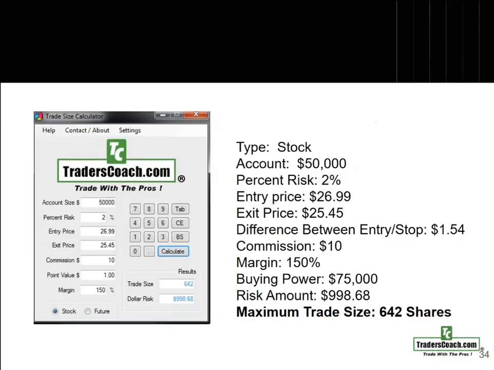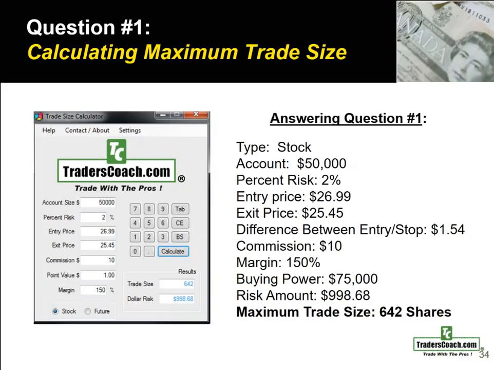If we go to the trade size calculator, which has these formulas built into it, we put the 50,000 in here, the 2% is there, entry, exit, all the variables, and here's where it turns out the results. Maximum trade size. And so that's the answer, 642 shares.